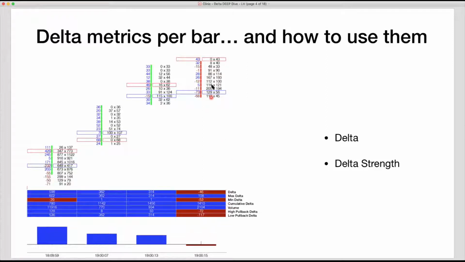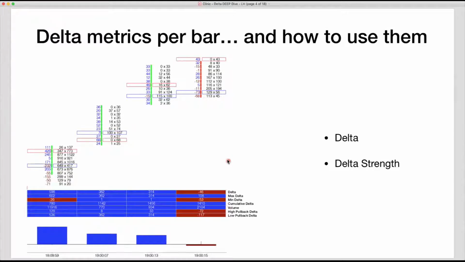So what we can tell here, and naturally it's a range chart, so we are closing at the extreme, the delta closed near its negative extreme. It's going to be the case on this range chart that pretty much all of the deltas will close near their extreme because of the way in which we're constructing these bars.